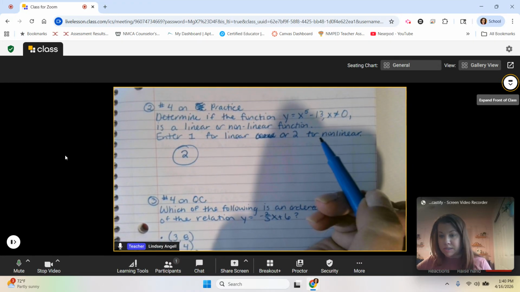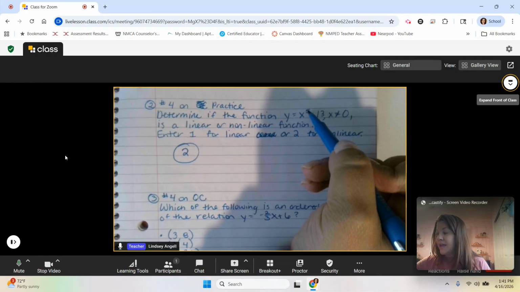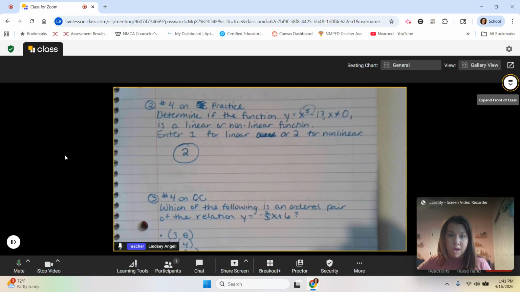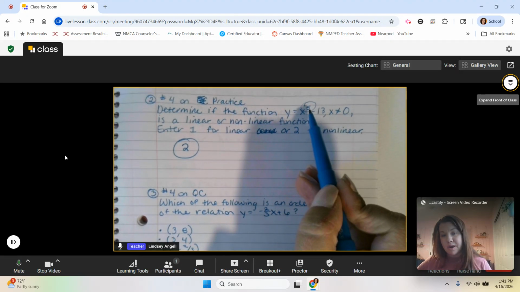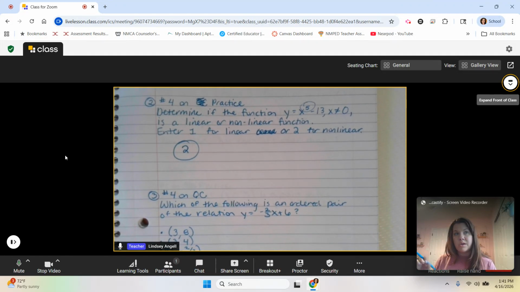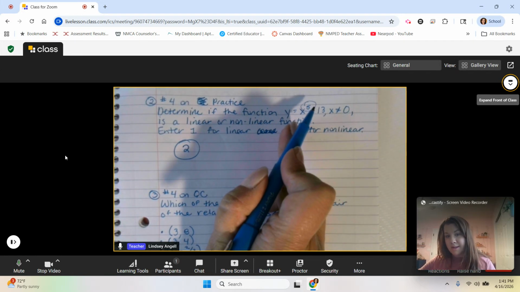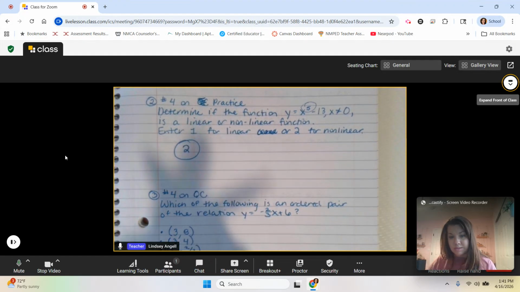The biggest hint, without even needing to solve anything, is that it has an exponent other than 1. That tells me right there that this is non-linear. For linear, the function should be able to be written in the format of y equals mx plus b. That's how we graph straight lines, right? I can't do that with an exponent, okay? So that's something to think about.